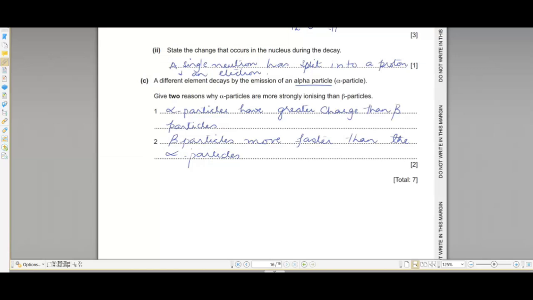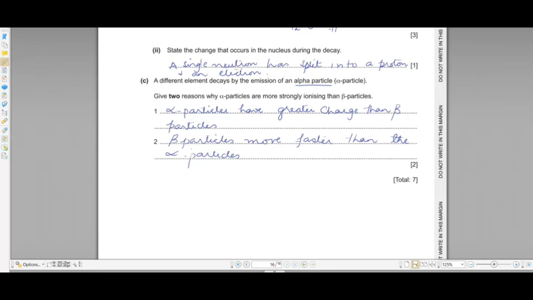The reason is that alpha particles are, by the way, the slowest of the three radiations. They are slower than beta as well as gamma. So when the alpha particles moving slowly collide with air molecules, they may knock an electron from the air molecule, so that it becomes charged.